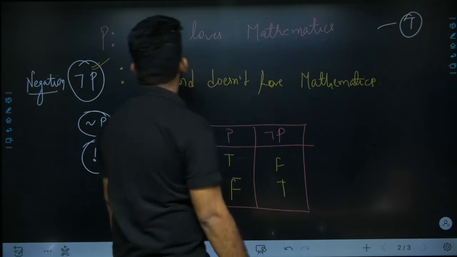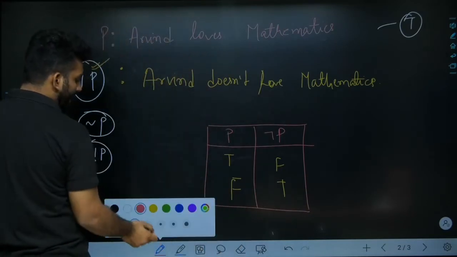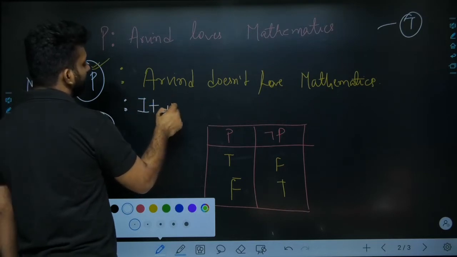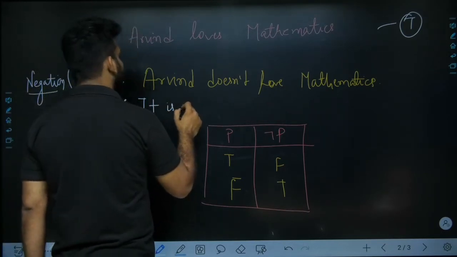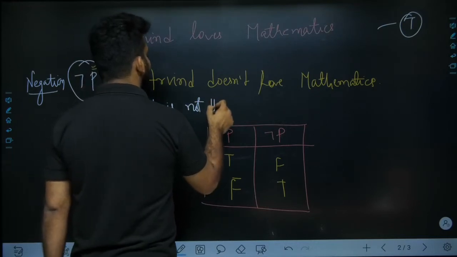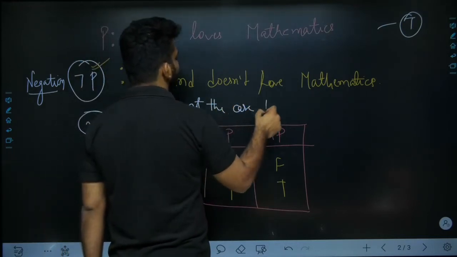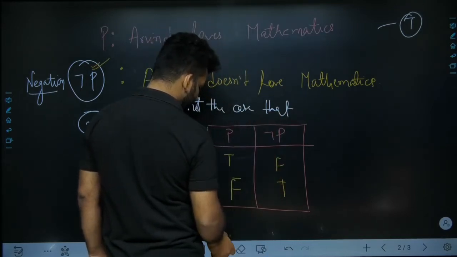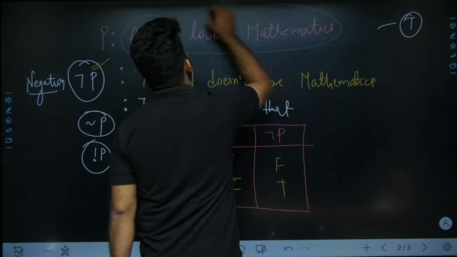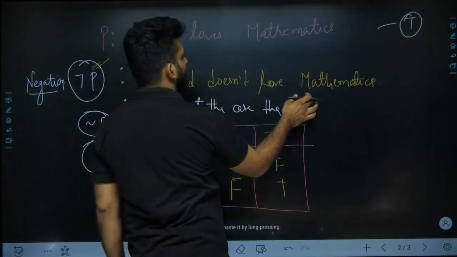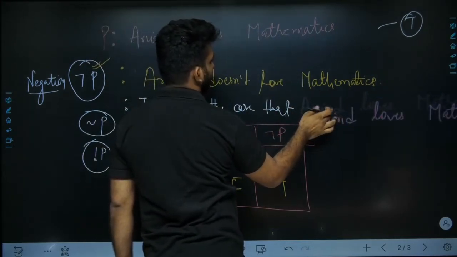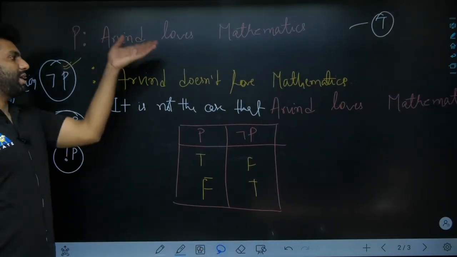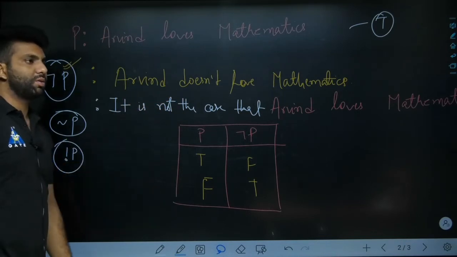In the case of negation, we generally write it like this or like this: it is not the case that Arvind loves mathematics. You can write negation of P like this or like this. Both are the same thing.